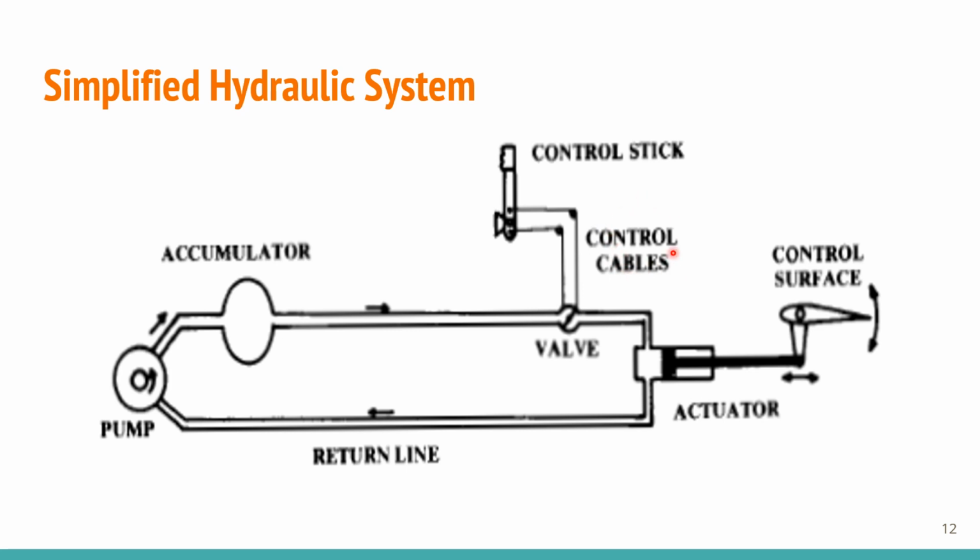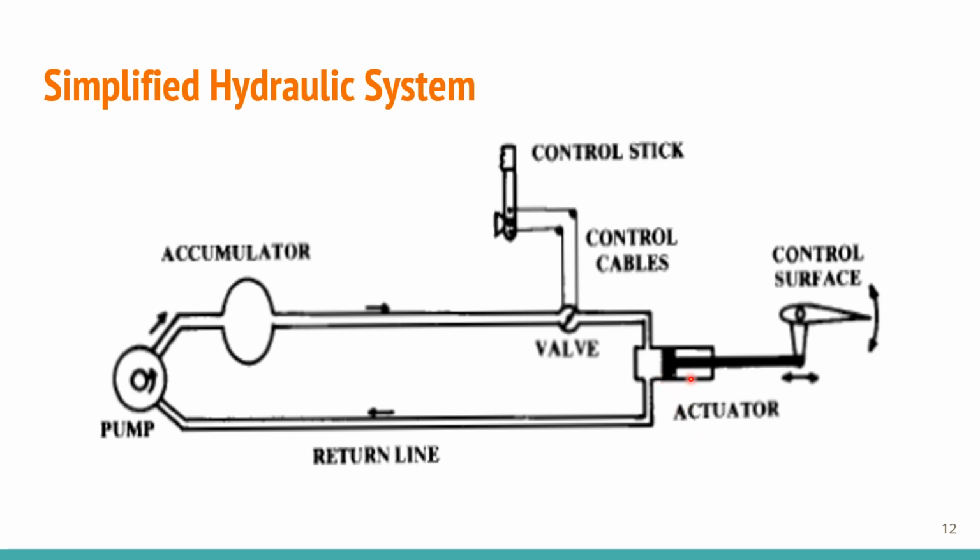These control sticks are available with the pilots. They decide when to activate or deactivate the landing gear. With the movement of these control sticks, the control cables are actuated that open the valve, and the accumulator distributes the pressure to the actuator.